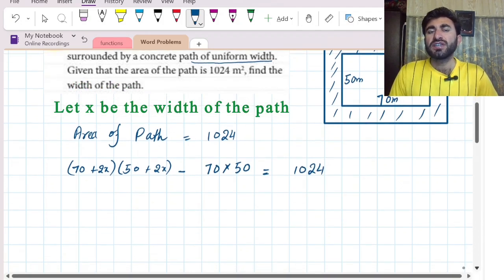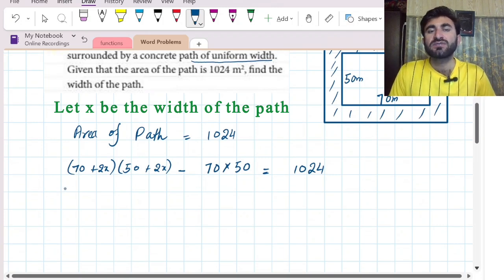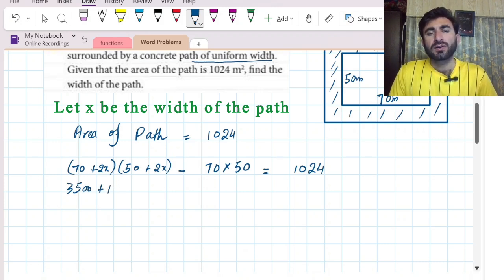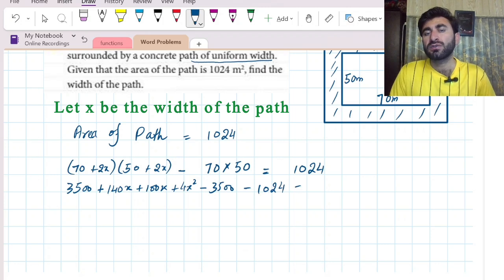Now first we need to expand the left hand side, which will become 3500 plus 140x plus 100x plus 4x square, and minus the product of 70 and 50 is 3500, and we can also move 1024 to the left hand side, so it will be minus 1024, that equals 0.